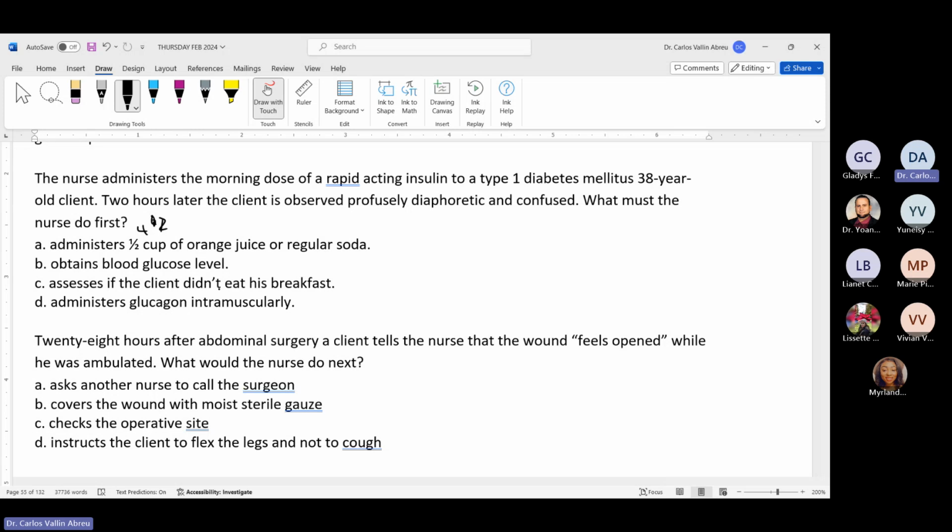Says if the client didn't eat his breakfast, and administers glucagon intramuscularly. So it's a tricky question if you are in a rush, because we are conditioned that a client after receiving insulin could present hypoglycemia and diaphoresis and altered mental status.